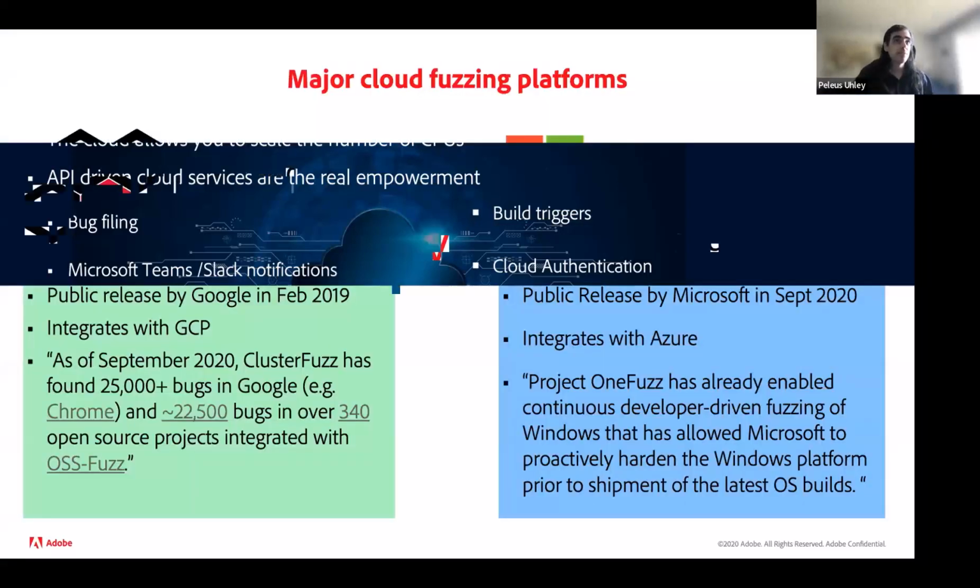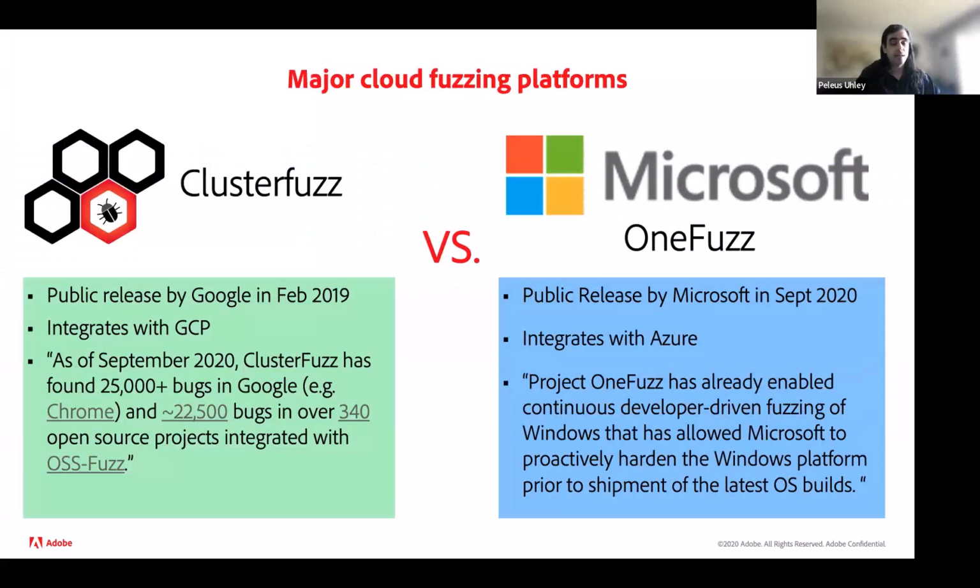And there are two major cloud fuzzing platforms. One is Google's ClusterFuzz. This was publicly released by Google in February of 2019. It integrates with their cloud, which is GCP, Google Cloud Platform. And as of September 2020, ClusterFuzz had found over 25,000 bugs in Google's projects, popular tools such as Chrome.